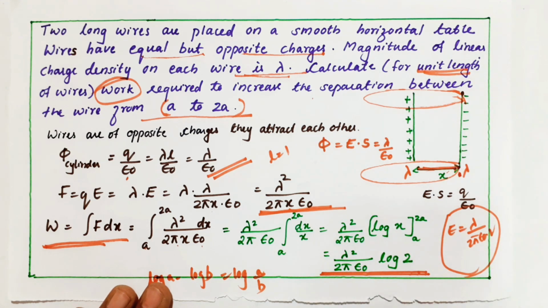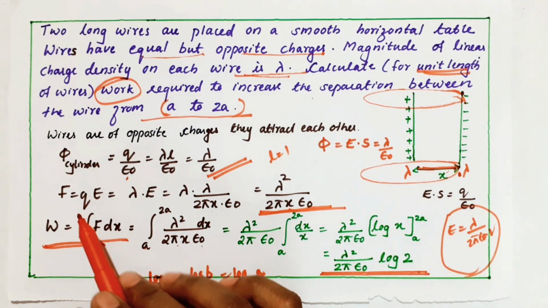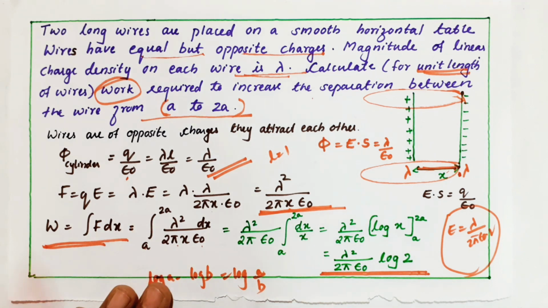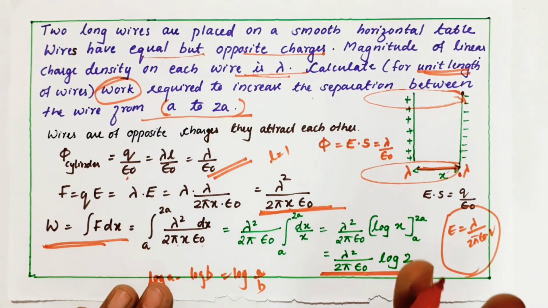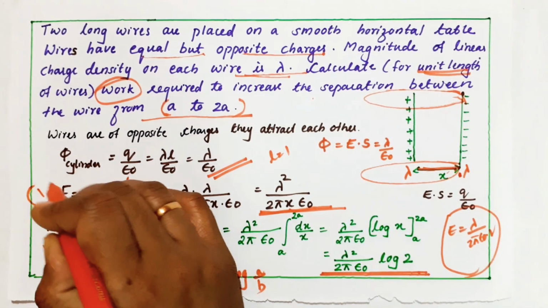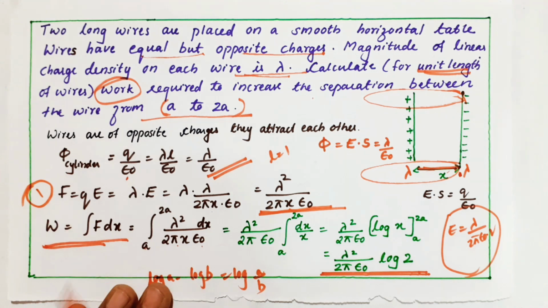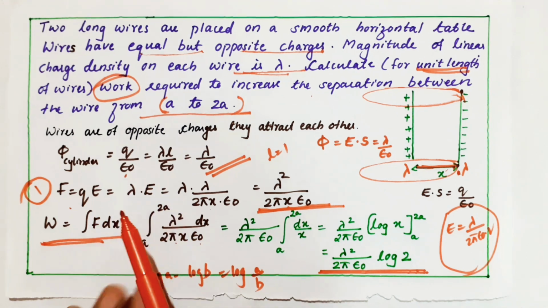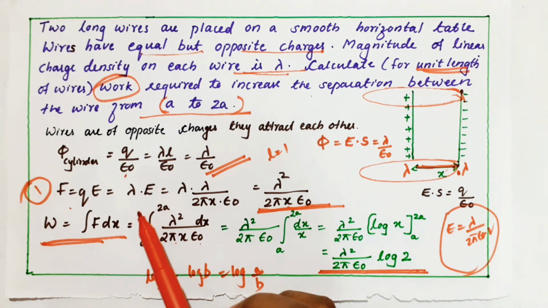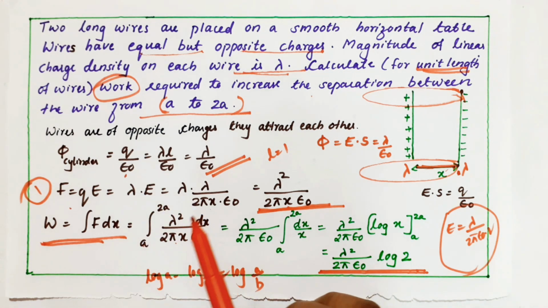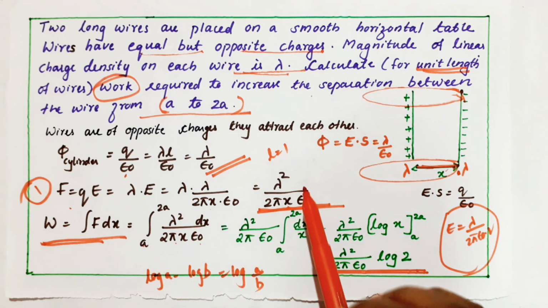Then the force is QE. The flux part I wrote earlier is not required, so directly you can write F equal QE, Q equal lambda L with L equal to 1. So lambda into E, lambda by 2 pi epsilon 0 x, gives the force.